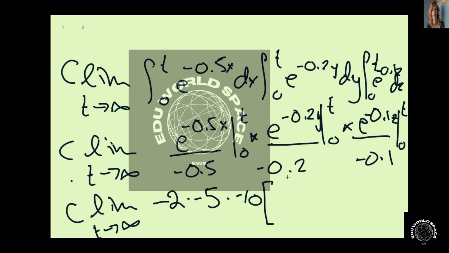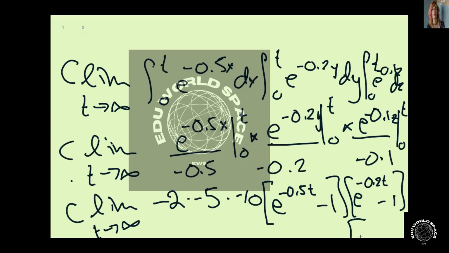And then we're going to get e to the negative 0.05t minus 1, times e to the negative 0.02t minus 1, times e to the negative 0.1t minus 1. As t goes to infinity, each one of these is going to go to 0.